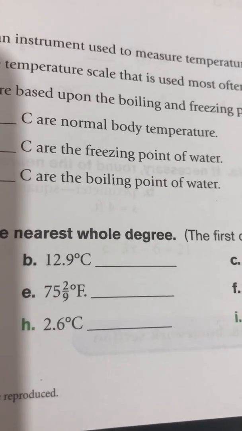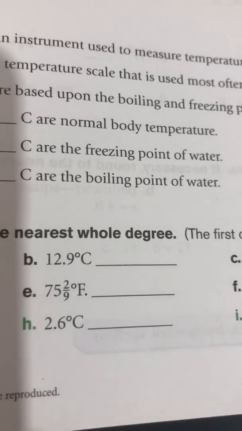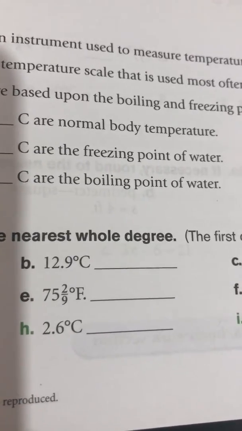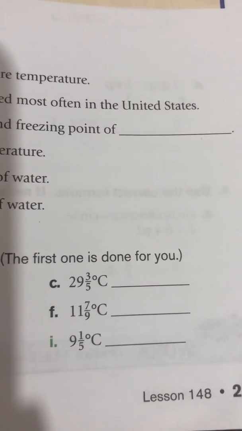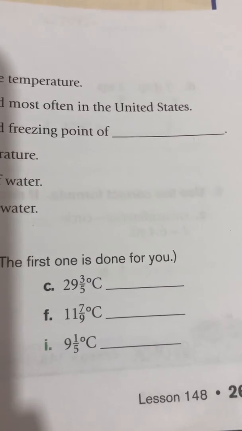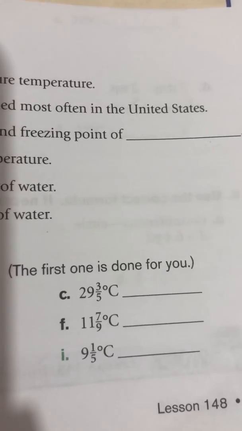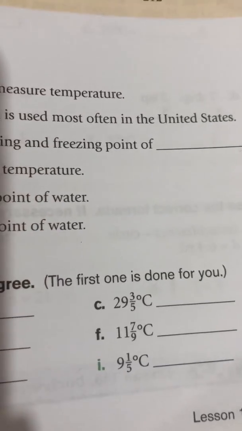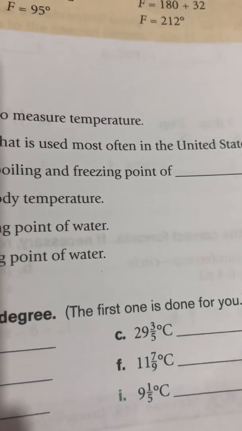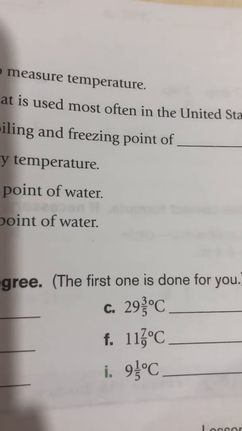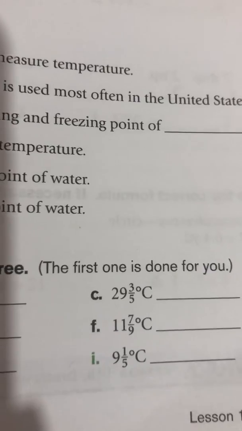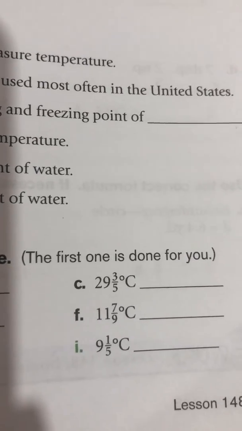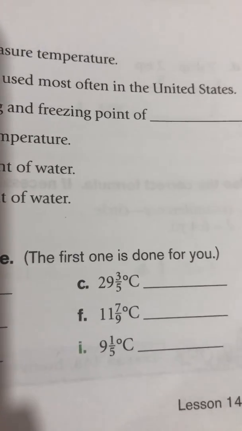The 0.9 makes it round up to 13 degrees Celsius. C, 29 3/5. Now that's not a decimal, but if we turned it into a decimal, it would be 0.6. So we would have 29.6 degrees Celsius, which makes it round up to 30 degrees Celsius.